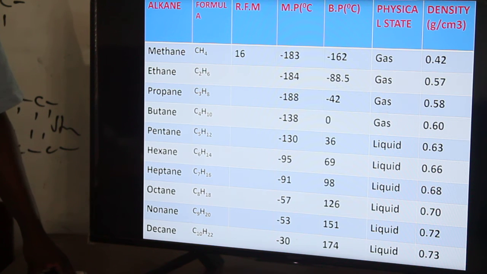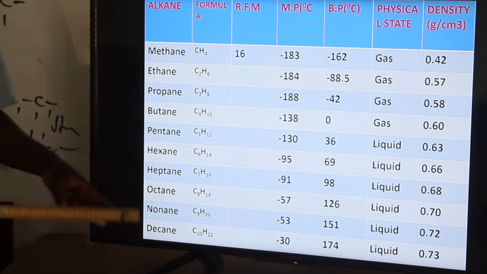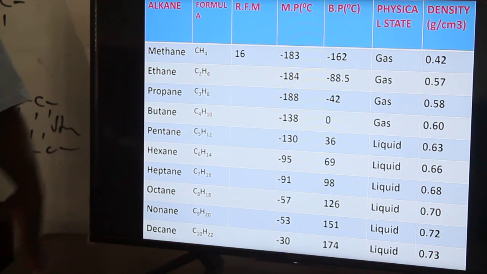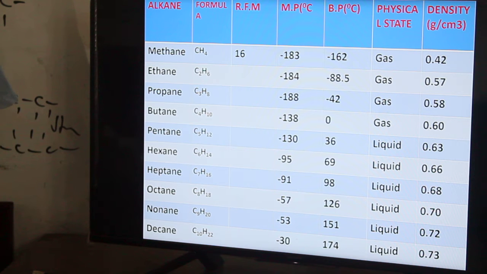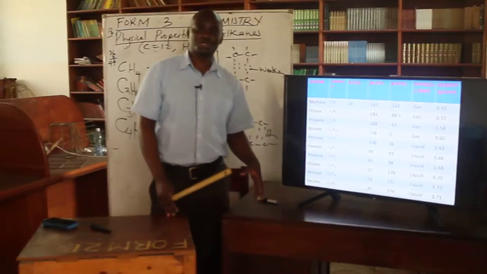So, why is it that all these substances have simple molecular structures, but they have different melting and boiling points? The reason is that when you are melting or boiling a substance, the heat energy supplied is normally used to break the intermolecular forces of attraction.